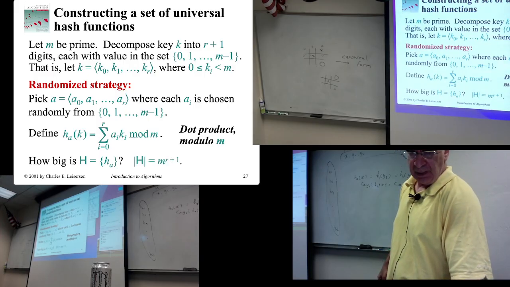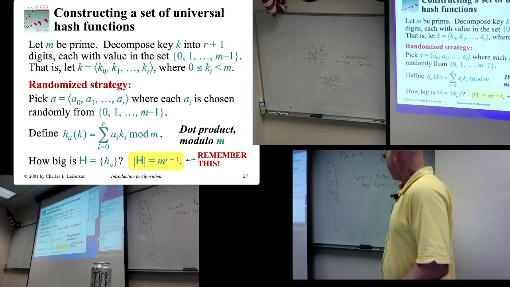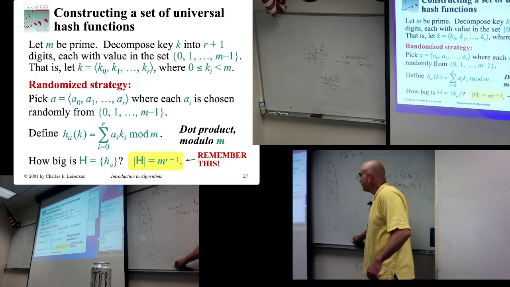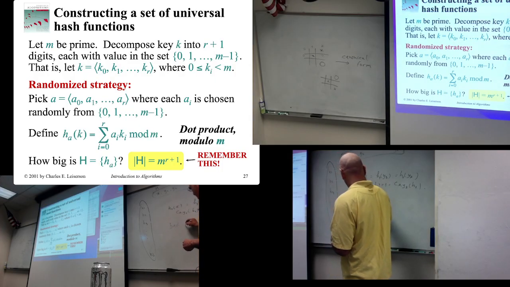Okay. I'll update the slides, but it essentially says exactly what we had before. So that's the total number of functions, and the number of functions that create a collision, bad functions.